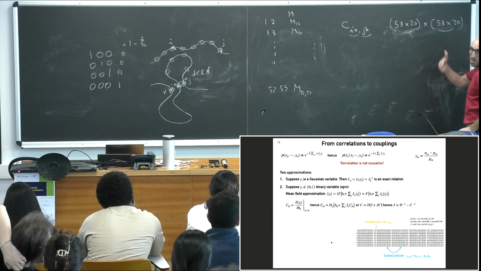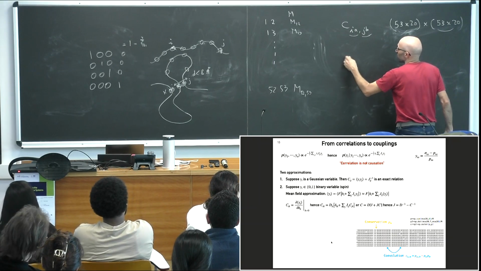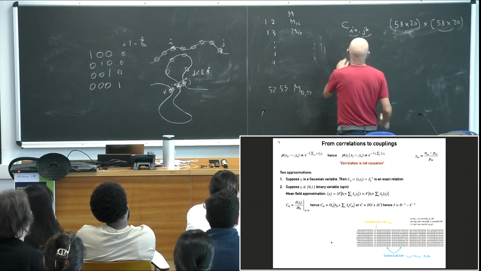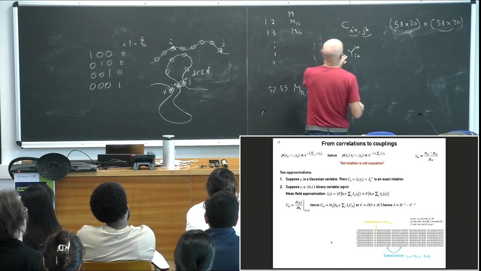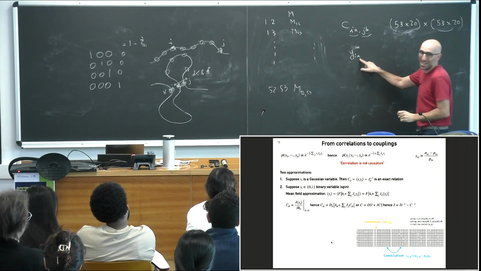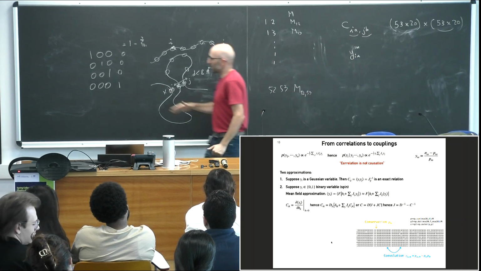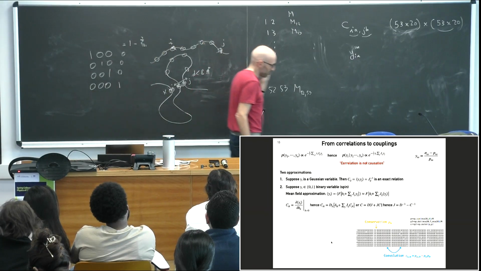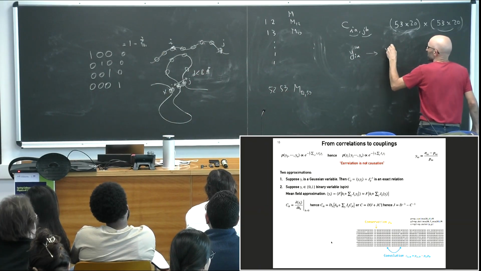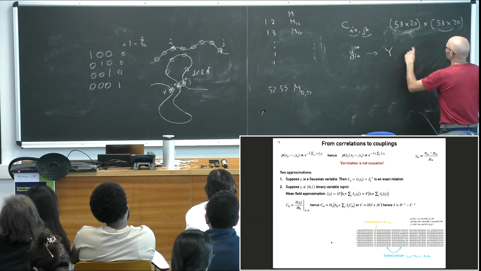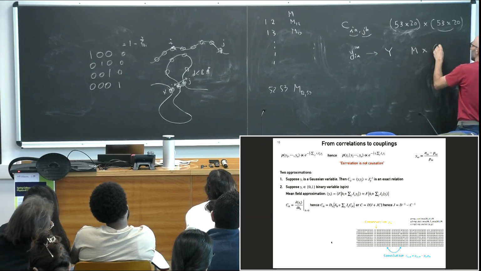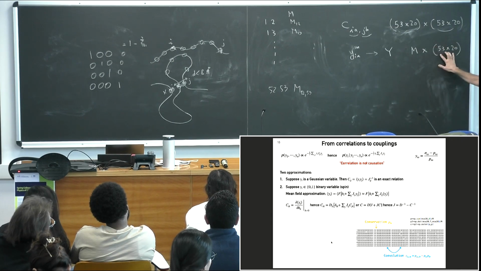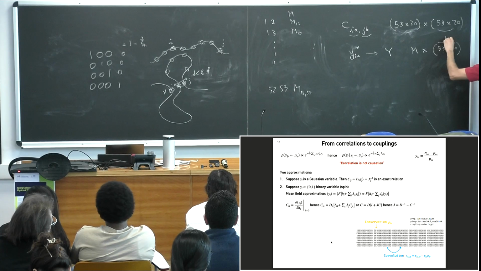Then if you call Y_iA^m, m is the index of the row and iA is the index of the columns. This defines the matrix Y, a matrix of size M times 53 times 20, where 53 is L, the length of our strings.